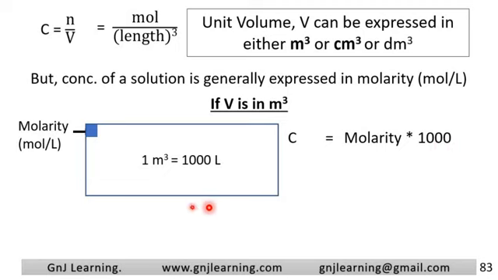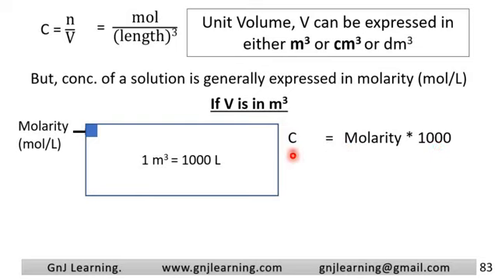This is the reason: if the concentration is given in mole per liter, 1 meter cube contains 1000 liters. That means I have to multiply this with 1000 to convert it into 1 meter cube. So molar concentration C is equal to molarity into 1000.